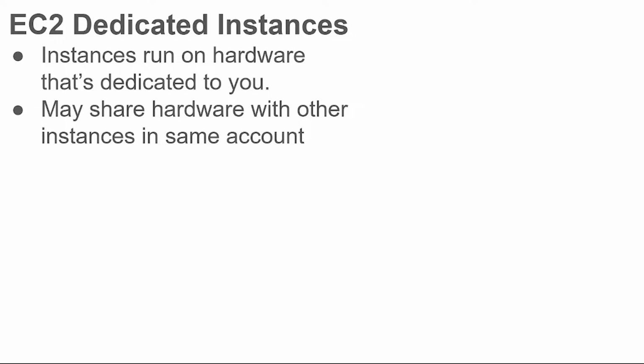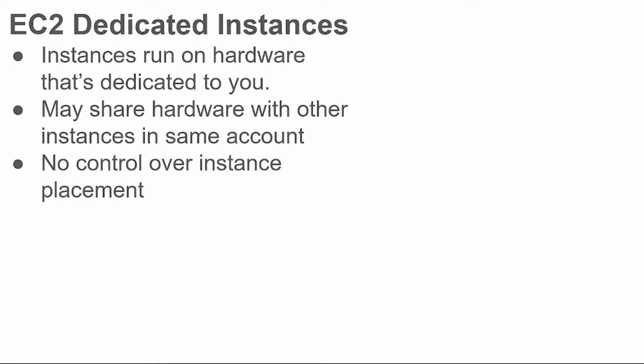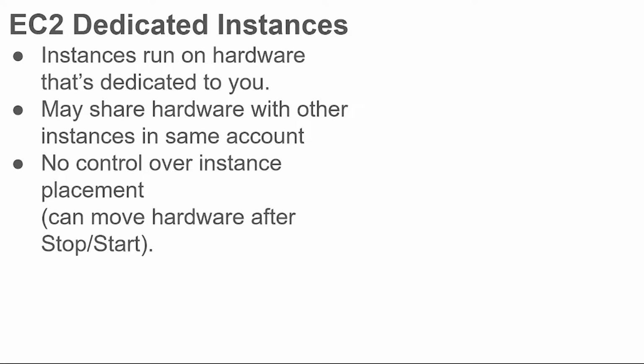You have your account and you will be using it, but you cannot share your hardware with any other account that is not yours. There is no control over instance placement. If you stop and start, the instance can move to different hardware.